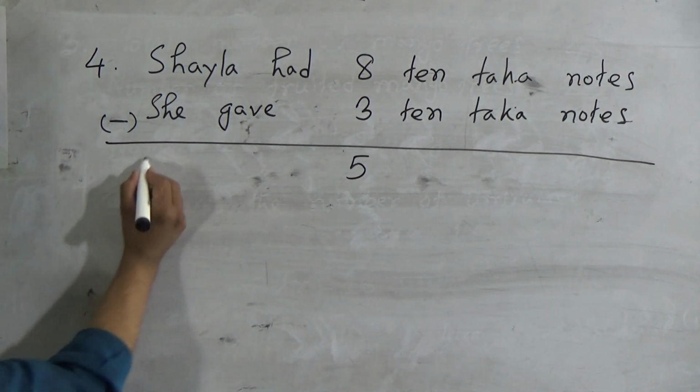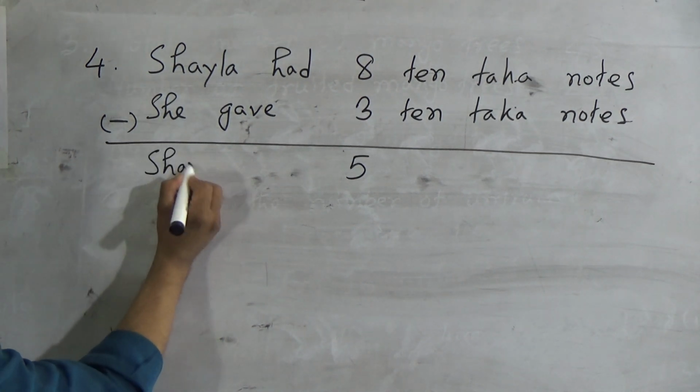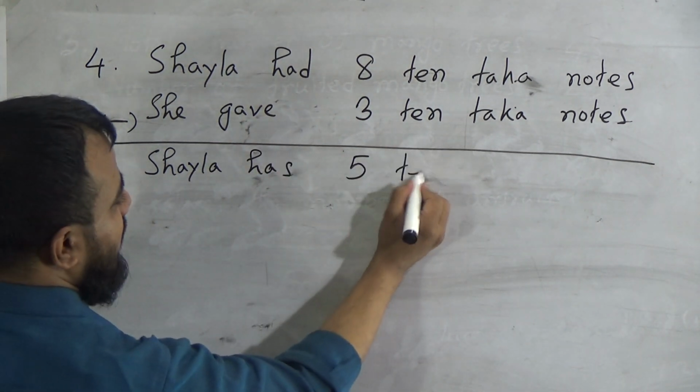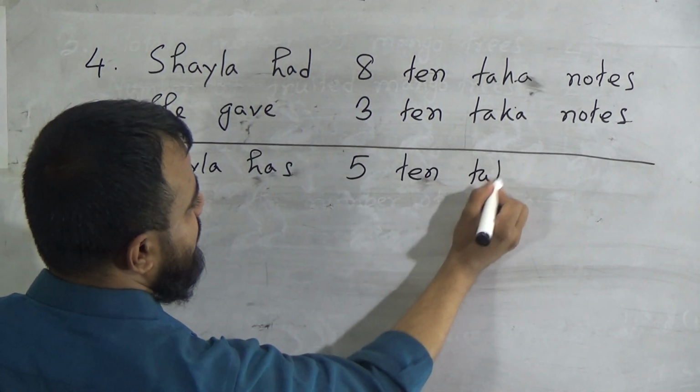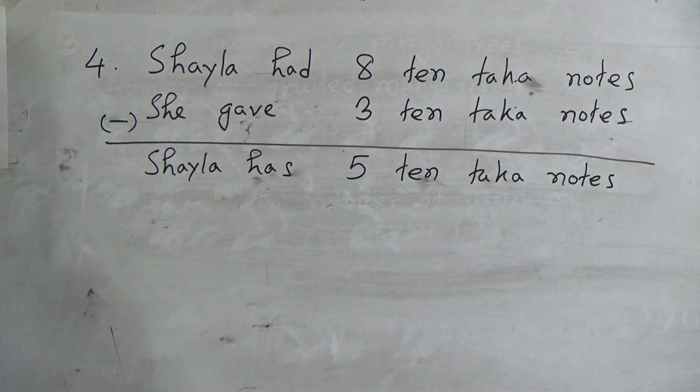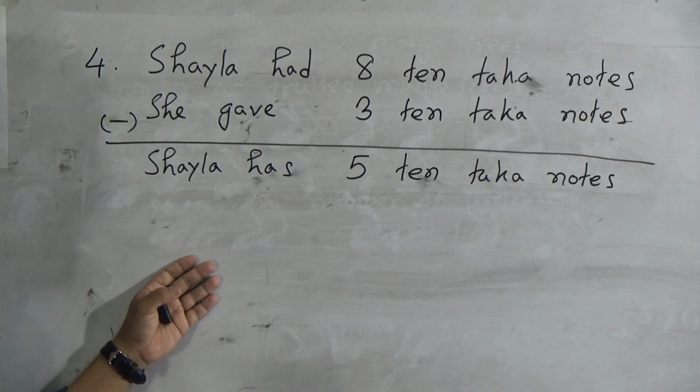So we should write down Shaila has 5 ten taka notes. Okay, ten taka notes. My dear students, because this is a word problem, we should write down some words by arranging the language.